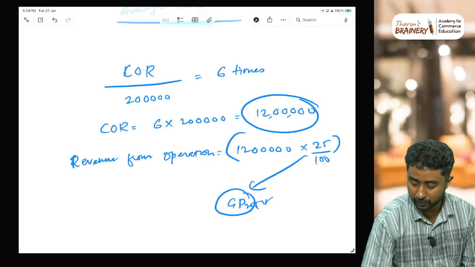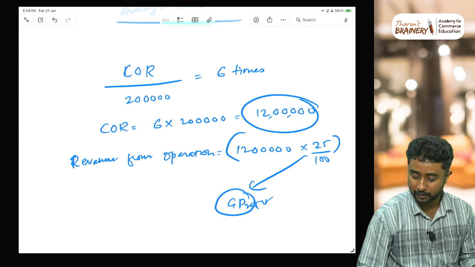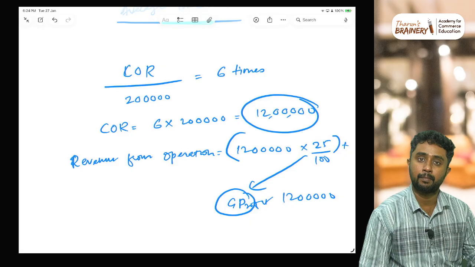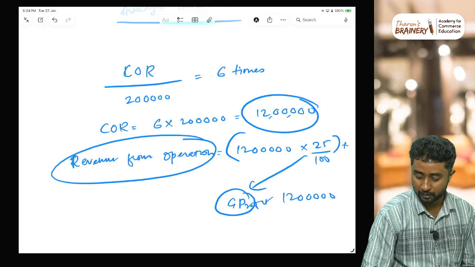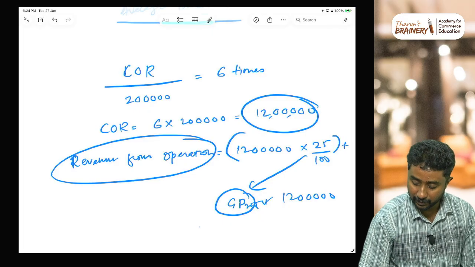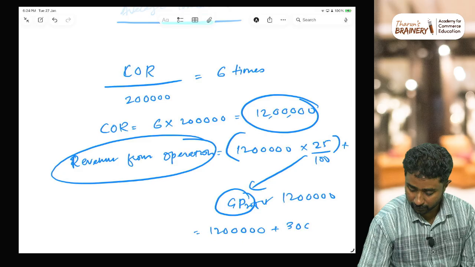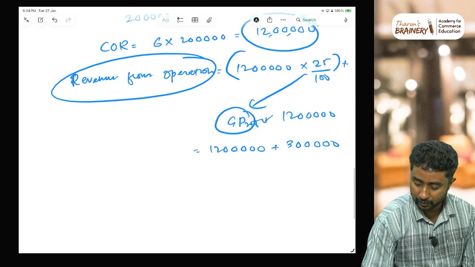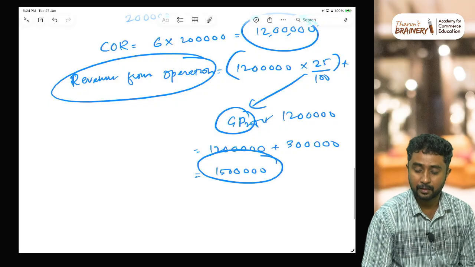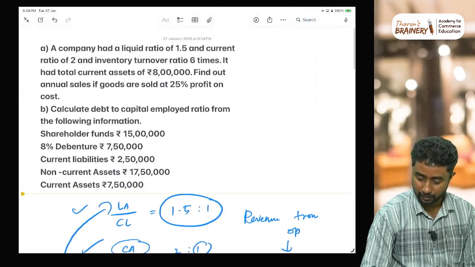If you add that 25% to 12 lakhs, we can write it like this: 12 lakhs plus 25% of 12 lakhs will give us revenue from operations. 25% of 12 lakh means how much? 3 lakhs. So 12 lakhs plus 3 lakhs will give us 15 lakhs, which is basically the revenue from operations. So revenue from operations, answer is 15 lakhs.